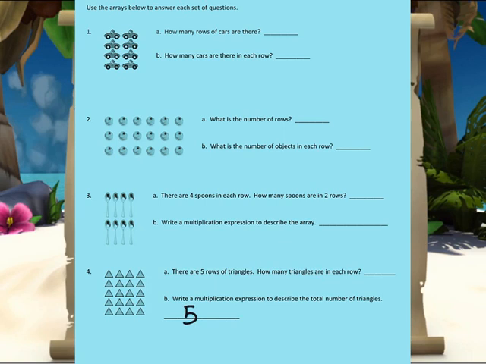So 5 times the size of each group. What is the size of one group? 1, 2, 3, 4 triangles, right? So the size of one group has 4 triangles. So 5 times 4 is the multiplication expression for this picture.